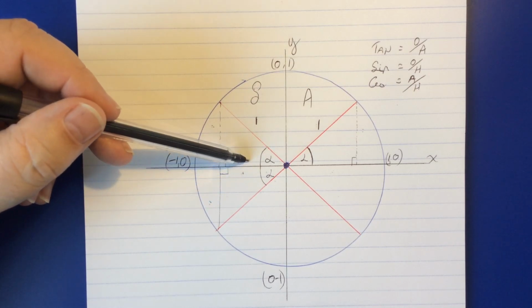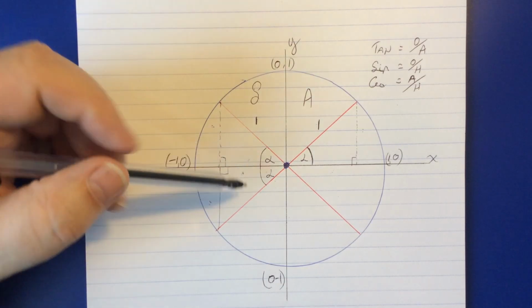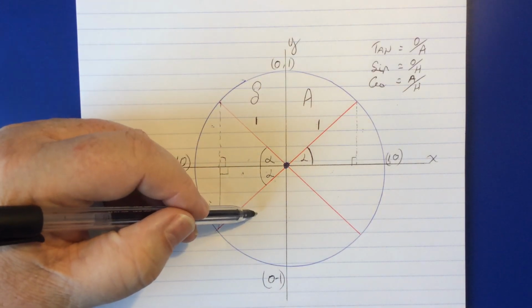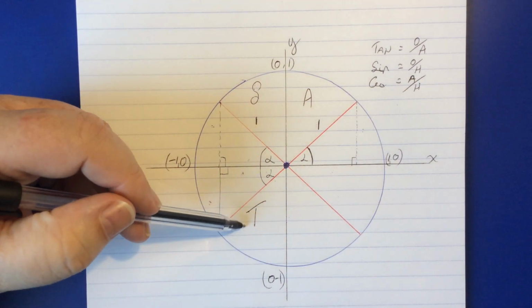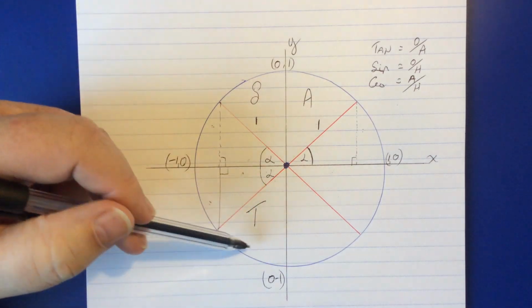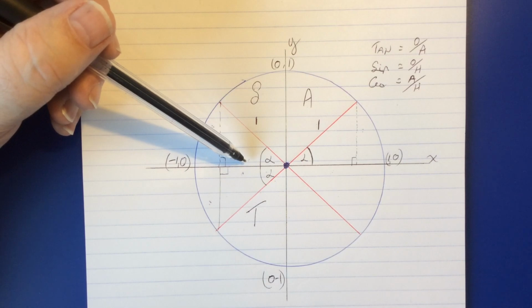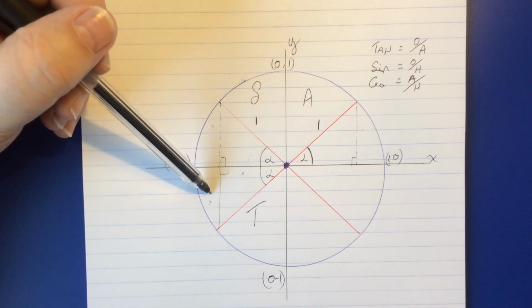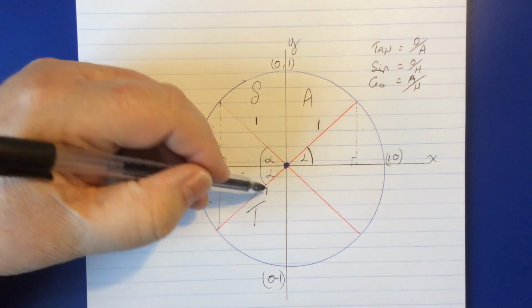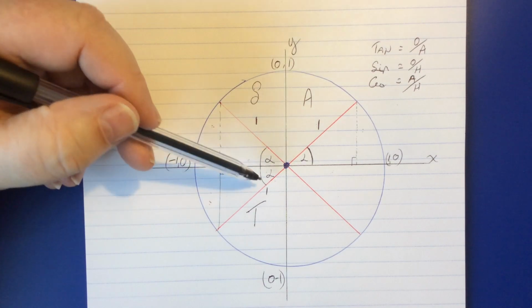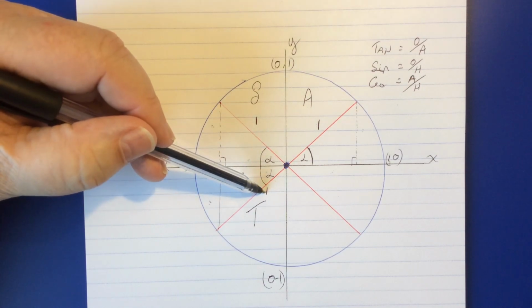Negative divided by a negative, which gives us a positive. So tangents are positive in the third quadrant. The sine, negative divided by a positive gives us a negative. The cosine, a negative divided by a positive gives us a negative.